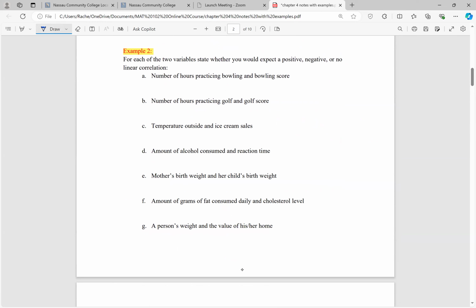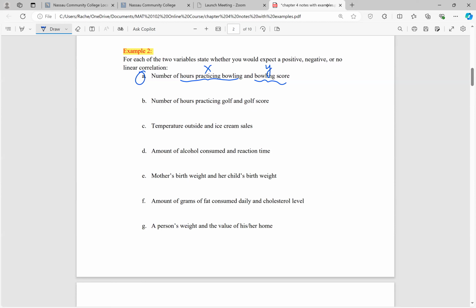So let's look at A. A says the number of hours practicing bowling and bowling score. So let's think of the number of hours practicing bowling. That's going to be X. And your bowling score will be considered Y. And the reason for that is typically we let X be the independent variable and we let Y be the dependent variable.